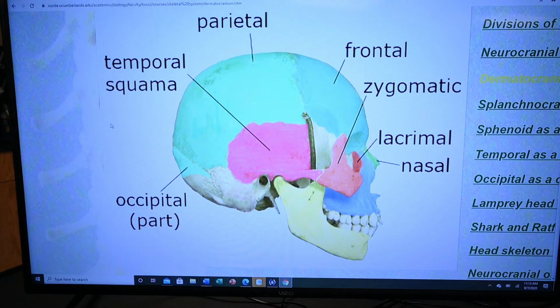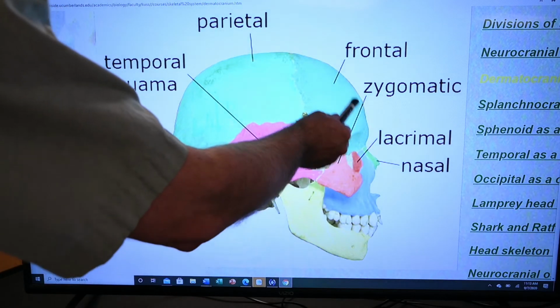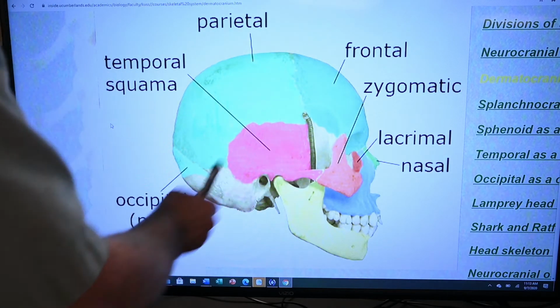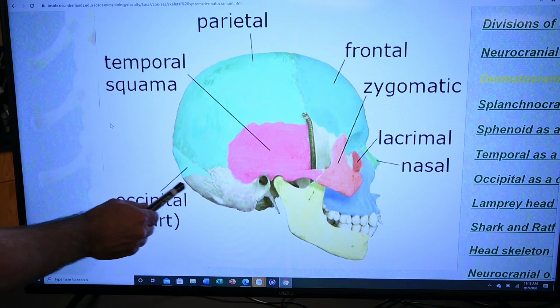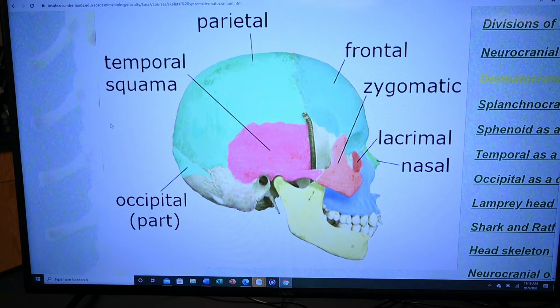Okay, this is an illustration from the website of the roofing bones of the skull, part of the dermatocranium. The primary ones, as you go across the top, we usually think of nasal, then the frontal bone here, parietal bone here, and then occipital bone, just part of it, not all of it, because part of the occipital is part of your neurocranium.